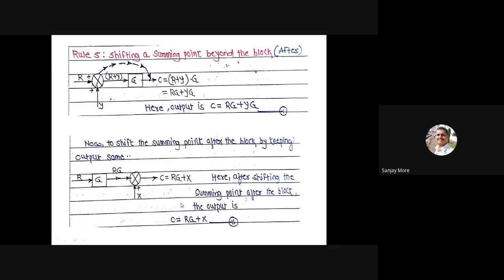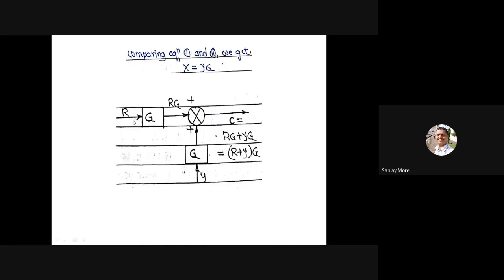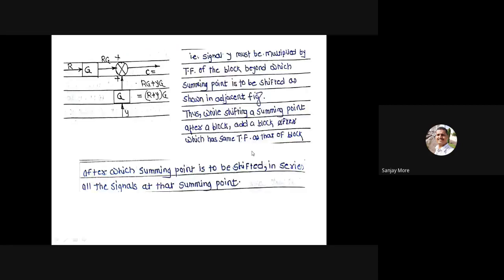Comparing 1 and 2, RG plus X is equal to RG plus YG, which is R plus Y into G. Okay. So after whichever summing point it is shifted, in series all the signals are summed.